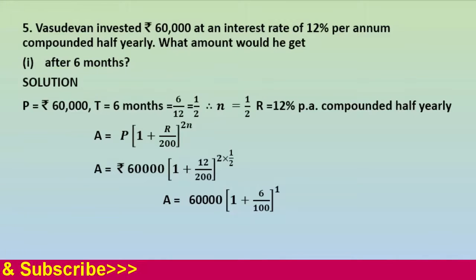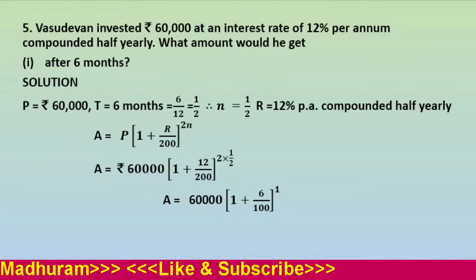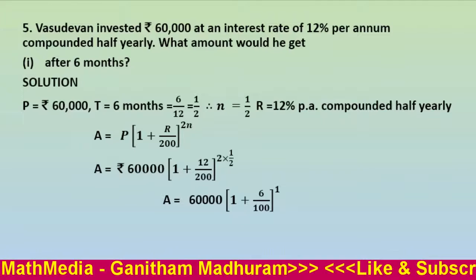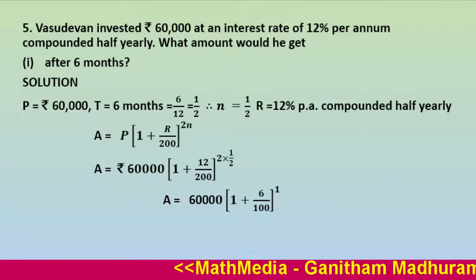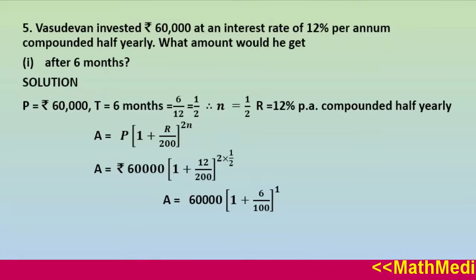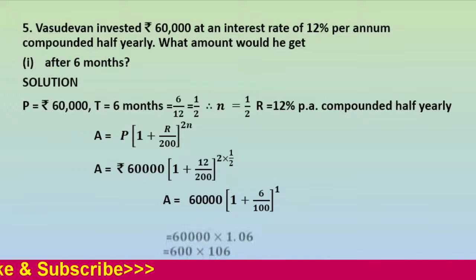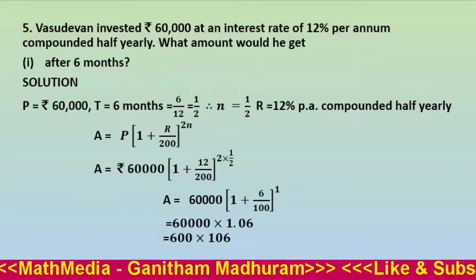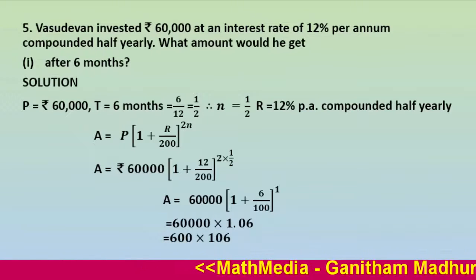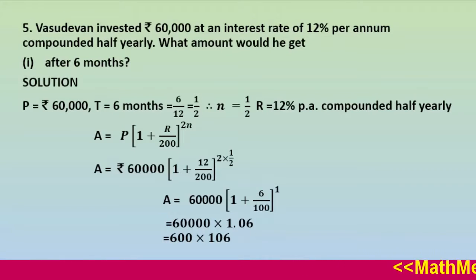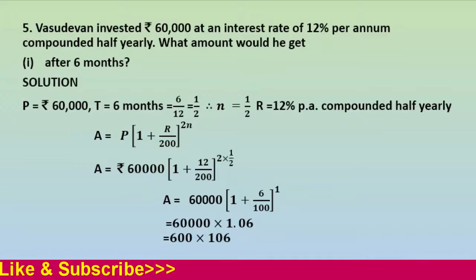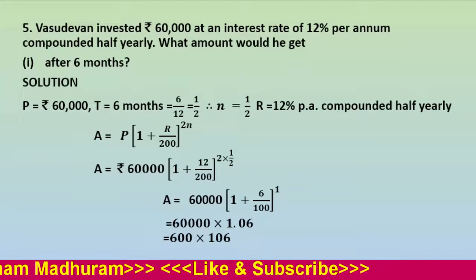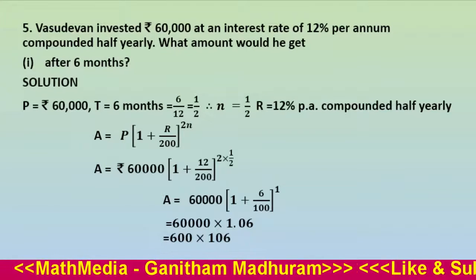Children, 6 upon 100 can be written as 0.06. While adding with 1, we get 1.06. That means A equal to 60,000 into 1.06. While multiplying, removing the decimal, here it is 60,000, so we can take it as 600 into 100 into 1.06.